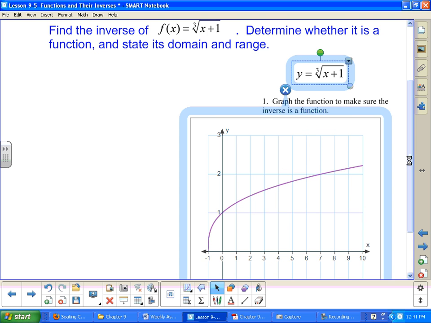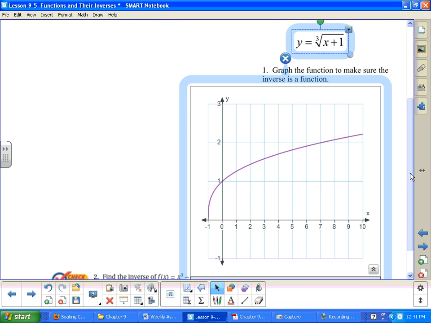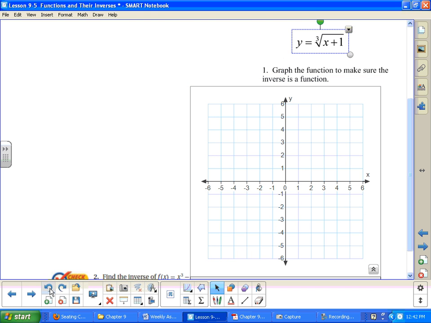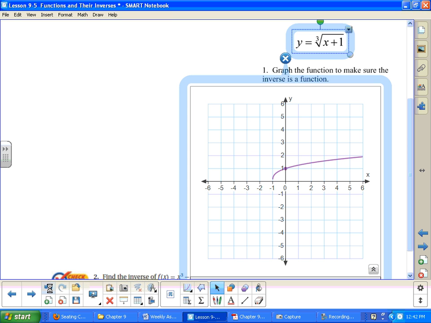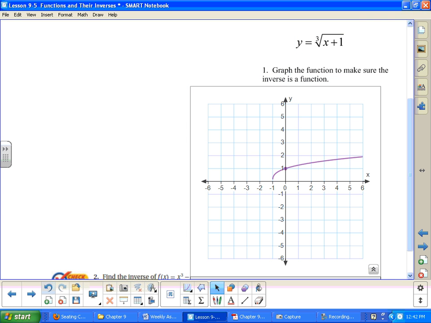So here's what the graph looks like. All right, let me change that for a second. Okay, so here's the graph of this function. All right. Starts here. Actually, that's not the whole thing. Right? What does it look like on your calculator? Anybody graph it on your calculator?